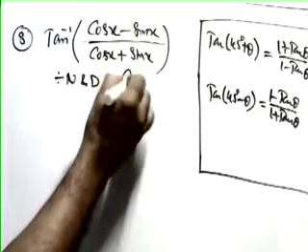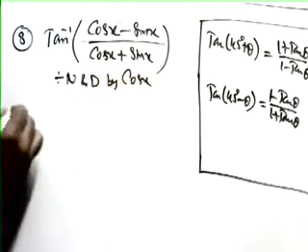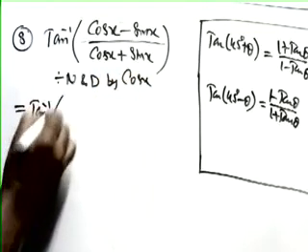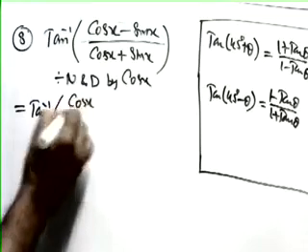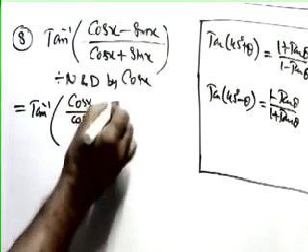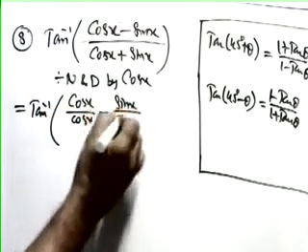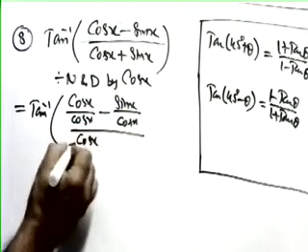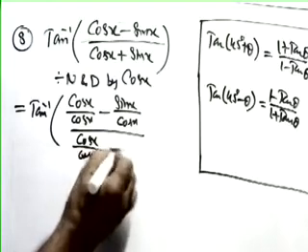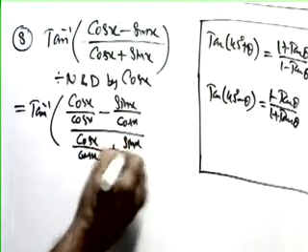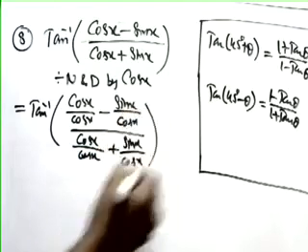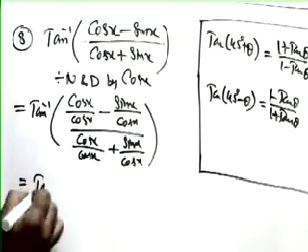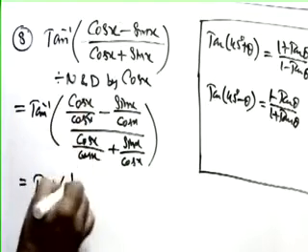Divide numerator and denominator by cos x. So tan inverse of cos x, we are dividing by cos x, minus sin x divided by cos x, over cos x divided by cos x plus sin x divided by cos x. Now what is left here?